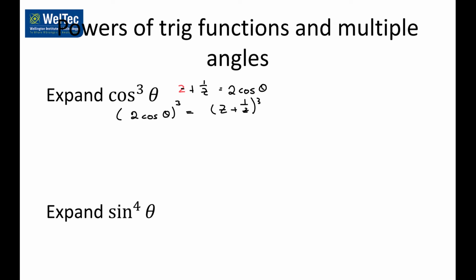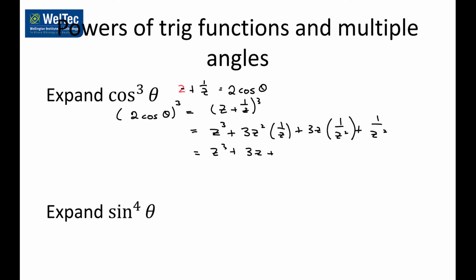Now again, using the binomial expansion, we get that this is equal to z cubed plus 3z squared times 1 over z plus 3z times 1 over z squared plus 1 over z cubed. And if we tidy that up, we get z cubed plus 3z plus 3 times 1 over z plus 1 over z cubed.